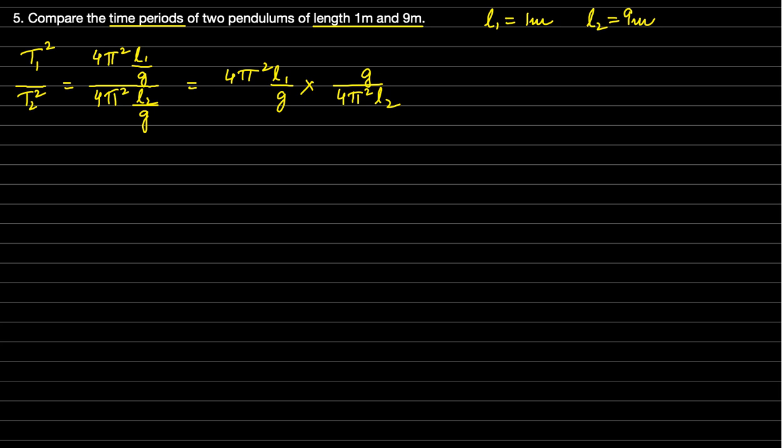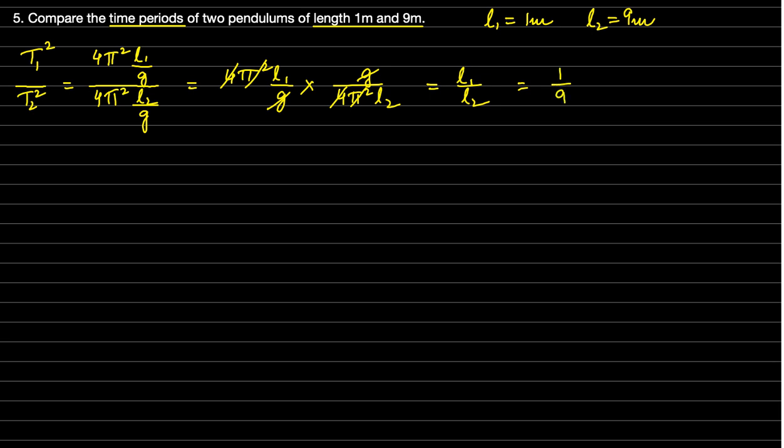Now we will cancel whatever we can cancel. G and G cancels, 4 and 4 cancels, pi square and pi square cancels. So we are left with L1 divided by L2. Now L1 by L2 is nothing but 1 by 9.